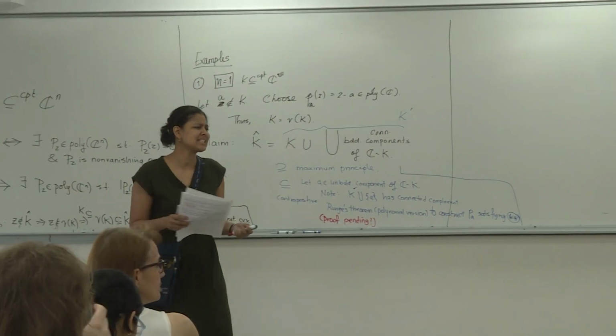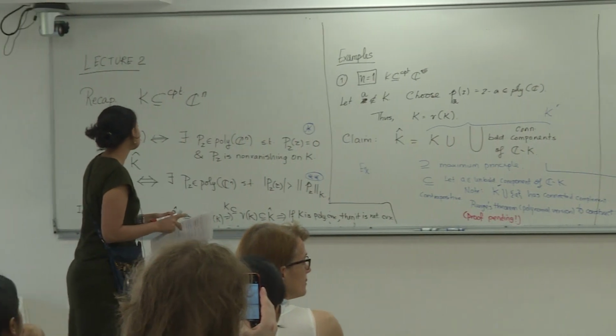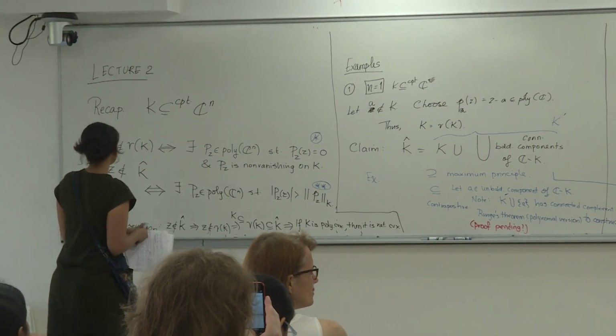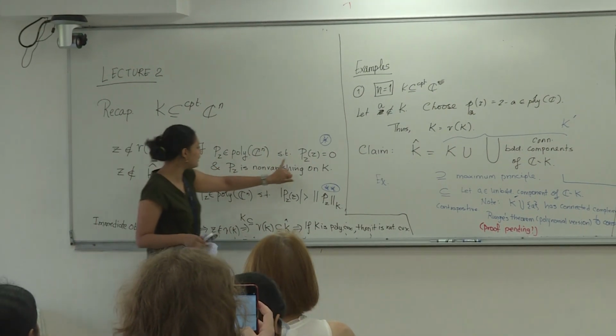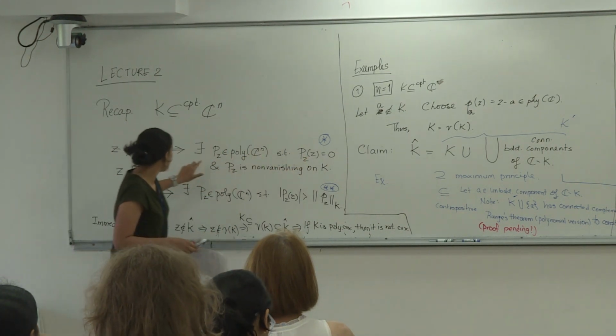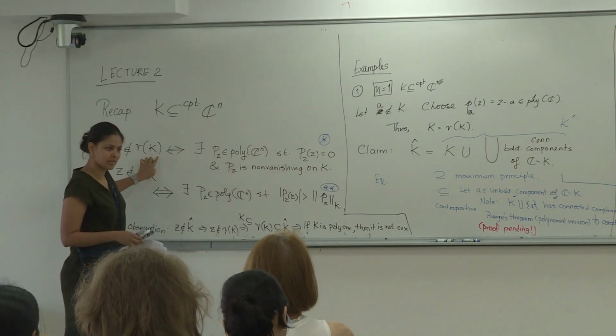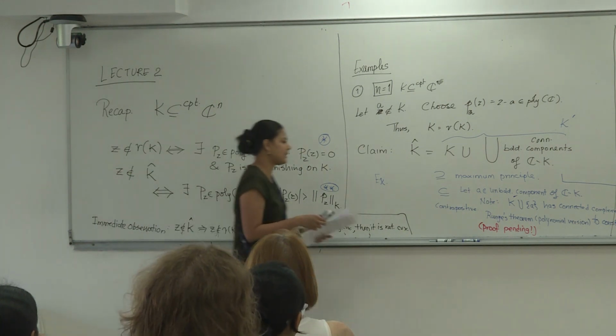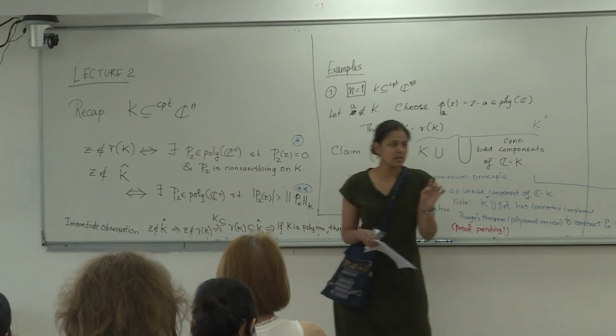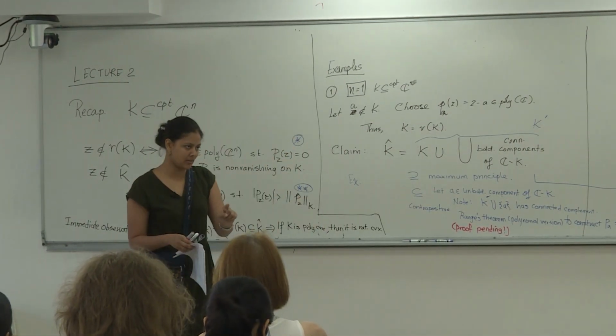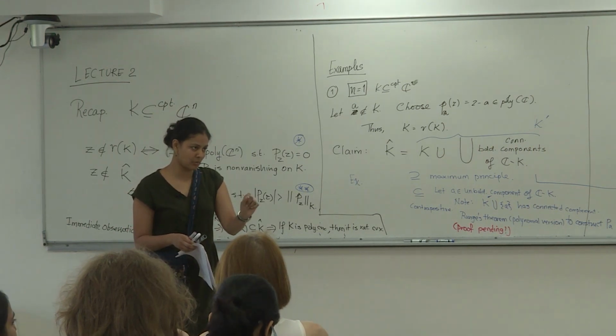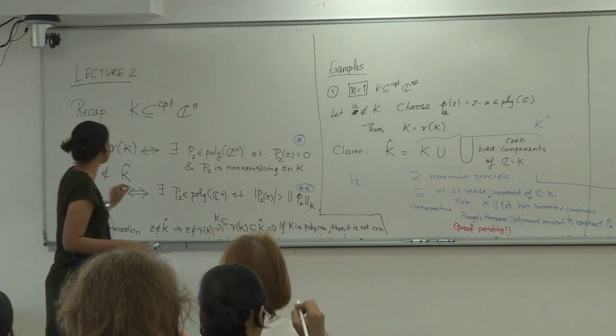Yes? To belong to the rationally convex, right. So remember, yes, because let's see why that is true. You want to say that if Z is in K, then Z has to be in the rationally convex hull. That's what we want to say, right? So why is that true?